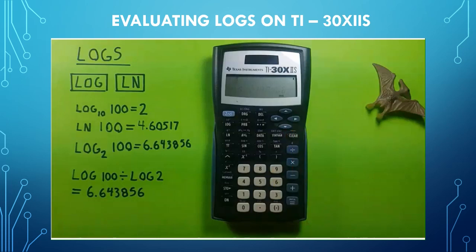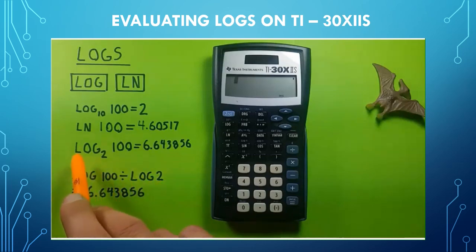But what if we wanted to find a log base that isn't 10 or natural log? To do that, we can use something called the change of base formula, which means we divide the log of the number we're trying to find by the log of the base we're trying to use.